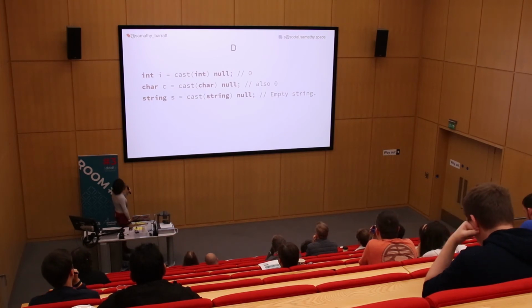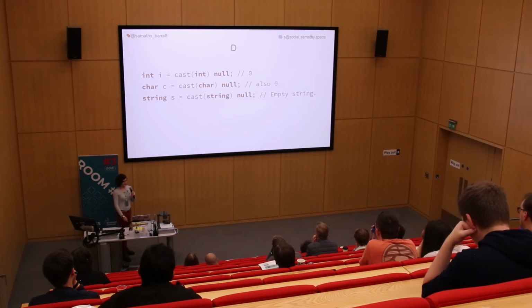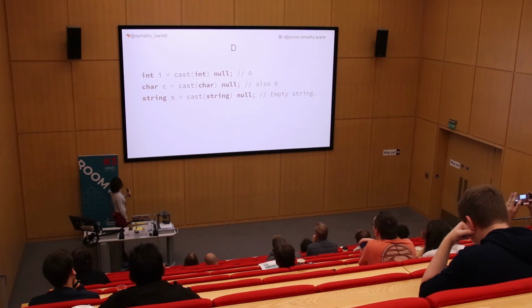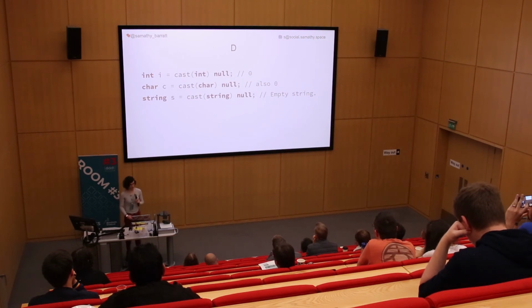And you can cast it to strings as well, and it gets the empty string. But it's important to note here that these are explicit casts. So if you try to assign int i equals null, D will complain at you and go, this is not an integer, you can't do that. Which makes sense, right?